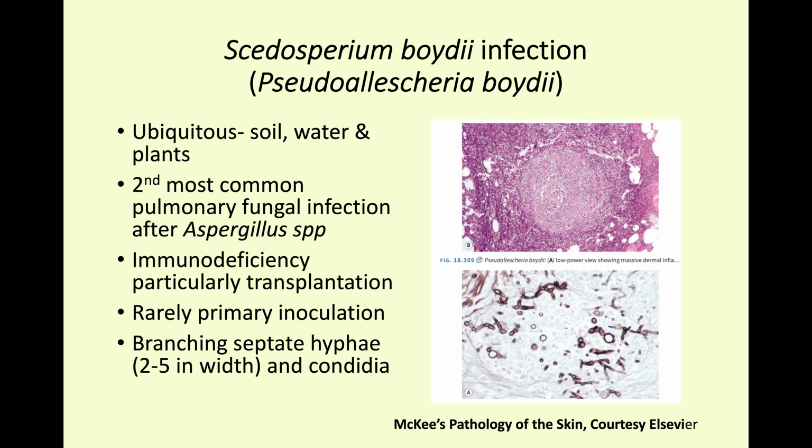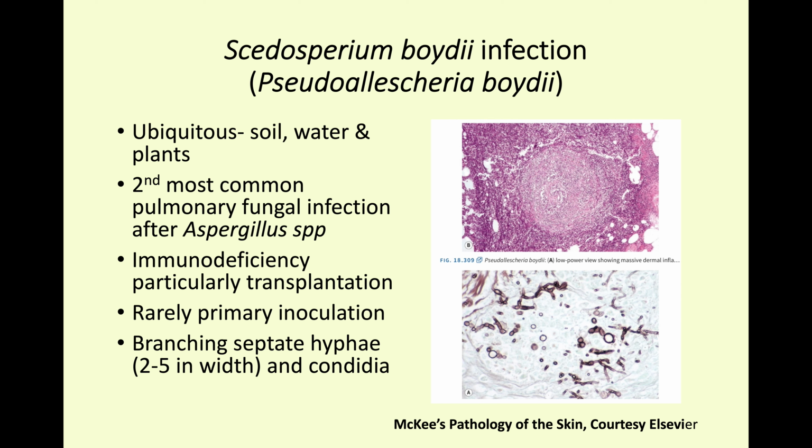Now, one of the differential diagnoses is Scedosporium boydii infection. And again, this is a ubiquitous fungus. It's found in soil, water, and plants. And the cases that I've encountered have been complicating pulmonary infection with systemic spread.